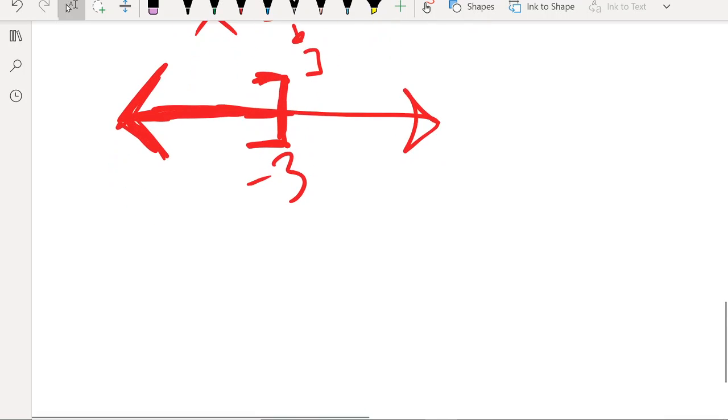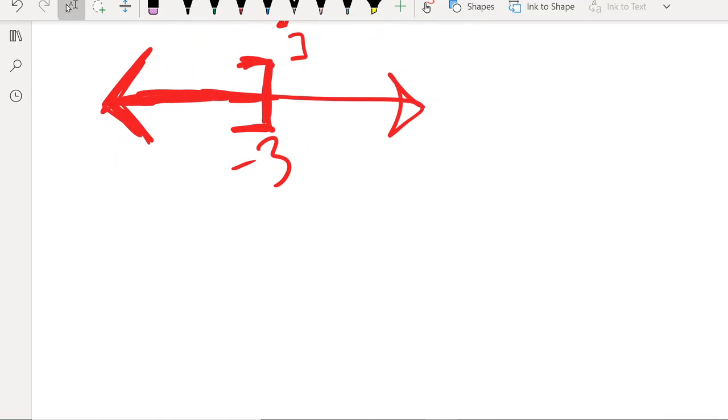All right, so interval notation. If you need to write it down, you can. The steps for interval notation: it's 5 steps. Step 1, you put a parenthesis or a bracket. In this case my arrow goes to the left, so it's negative infinity. There's not a number that it starts with.